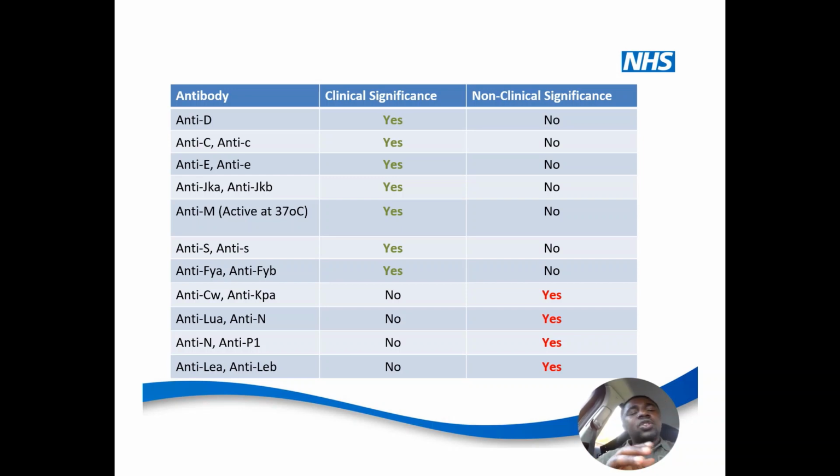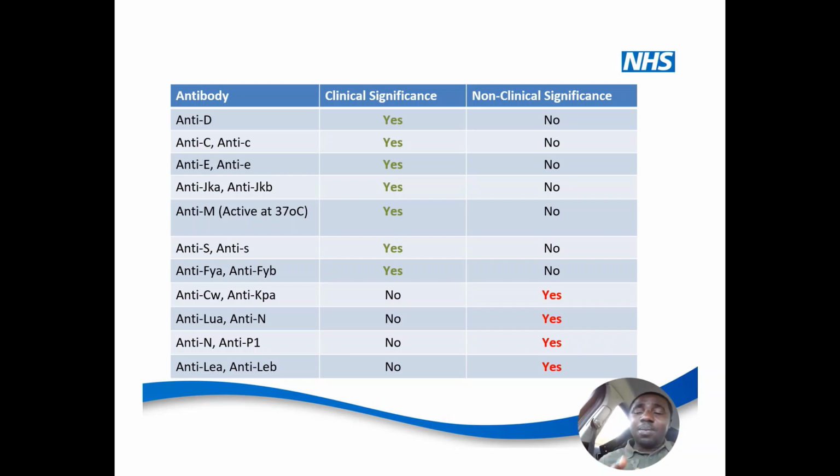I will explain. So sometimes when you look at the percentage, the probability of seeing some of these antibodies, that can determine. Okay, for an example, remember that all the IgG antibody, they are going to cause hemolysis. Each one of them causes hemolysis. But what happened is this: there are some antibodies that are commonly seen. So those ones that are commonly seen, based on the percentage, they are mostly clinically significant antibodies. Where there are some of them that it is very rare to see.